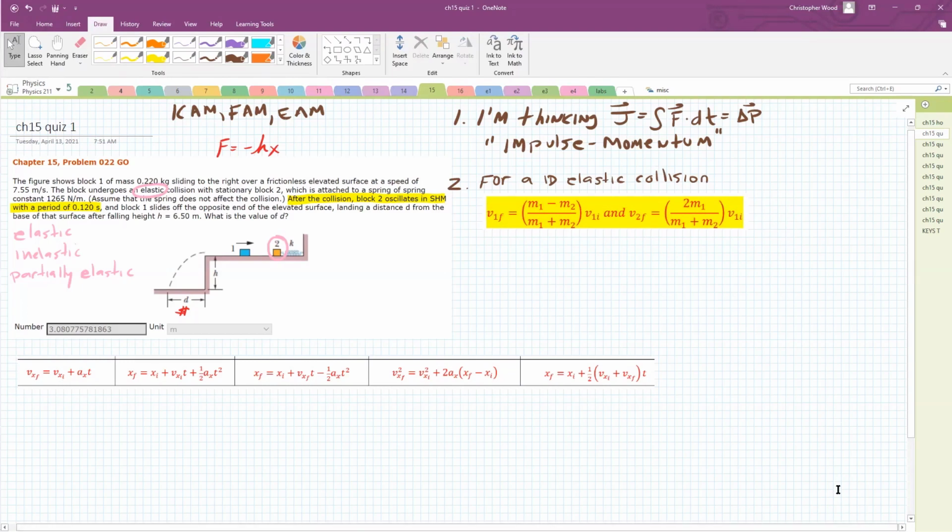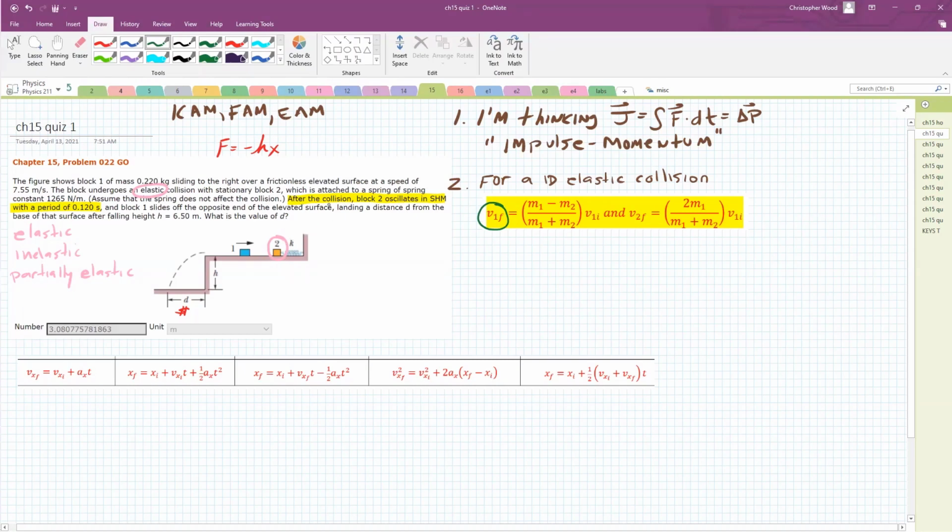Right now I am after the velocity of block 1 after the impact, and then I can use that for kinematics.